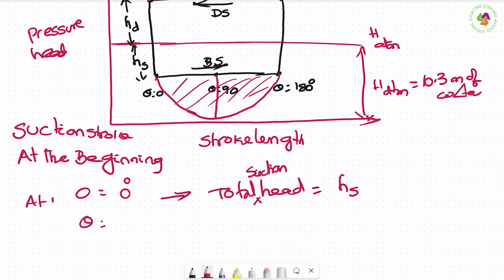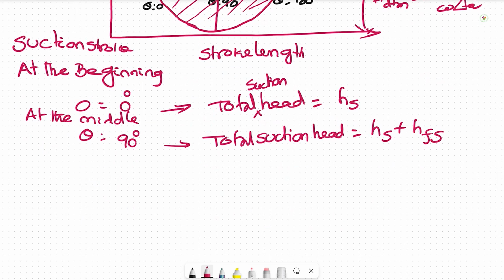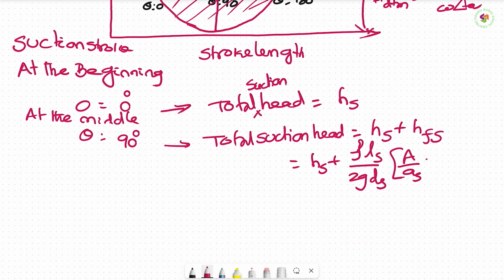At the middle, theta is equal to 90 degrees, the total suction head is equal to Hs plus Hfs, that is equal to Hs plus F Ls by 2g ds into (A by As omega r) whole square.